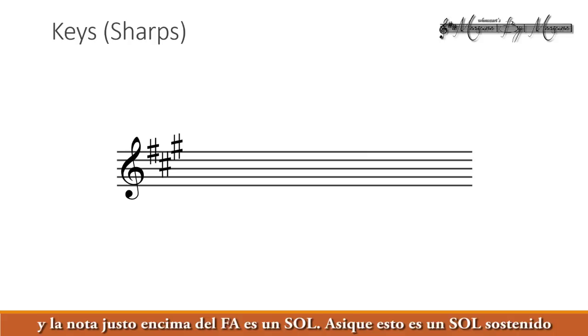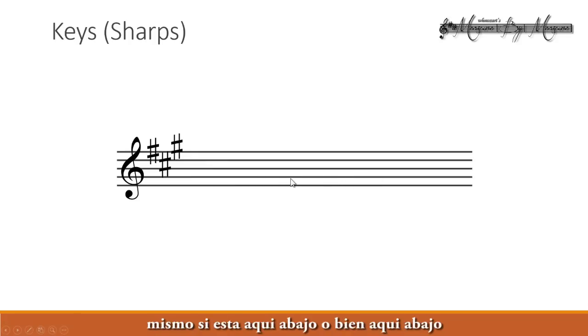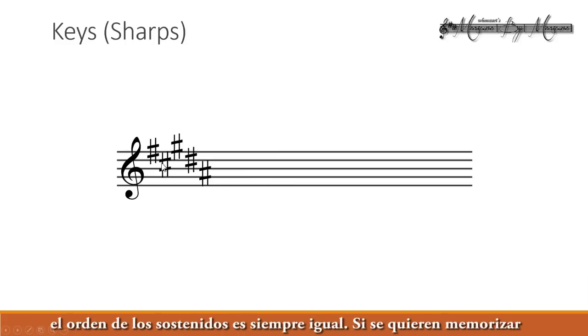And the note right above the F is a G. So this is a G sharp. And this means that all our G sharps, no matter where they are, even if it's down here or way below here, is still going to be sharp. Okay? And the order of these sharps is always the same.